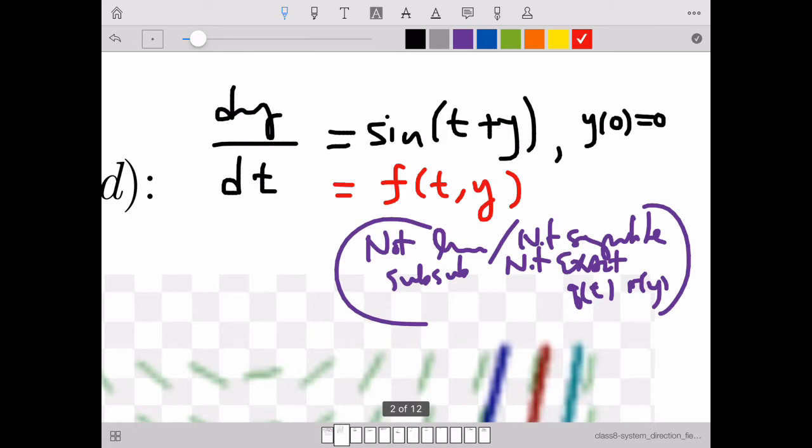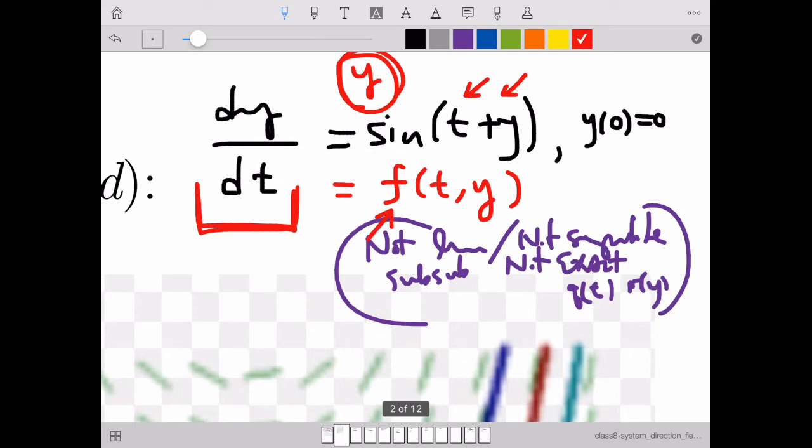Okay, so how do we graph it? Well, the function tells you the slope, right? So you pick random points (t, y), plug them into the function, and get the slope there.